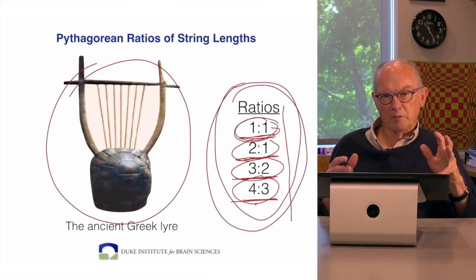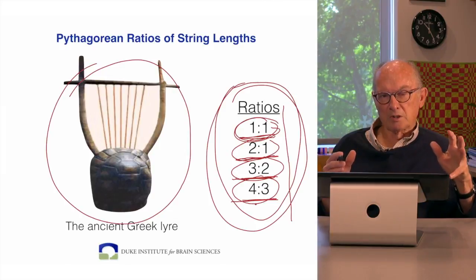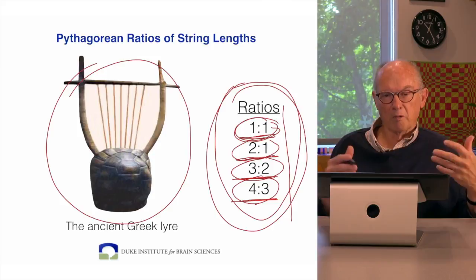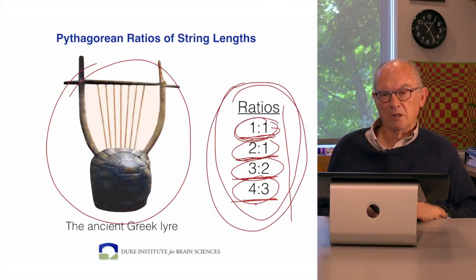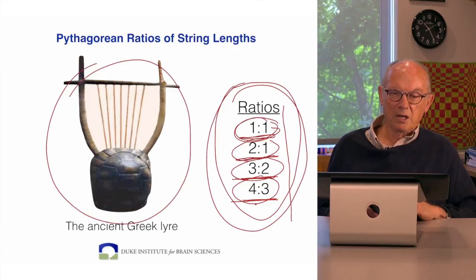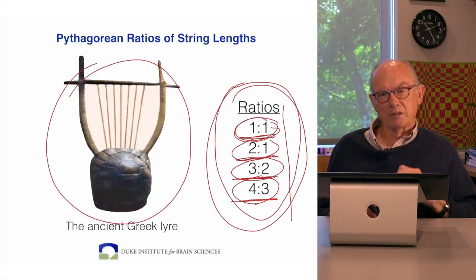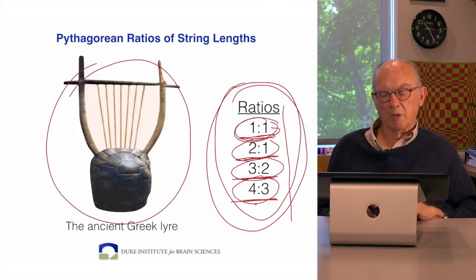So he limited his concept of music, and it's held over in Pythagorean tuning, to these 4 ratios that were expressed as the so-called tetrachord in ancient Greek music.